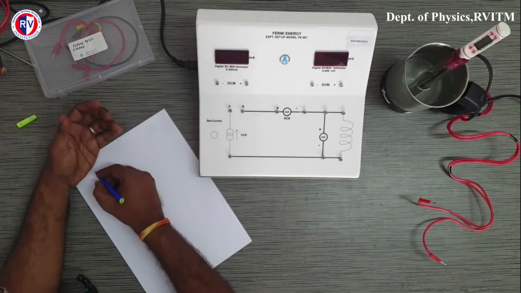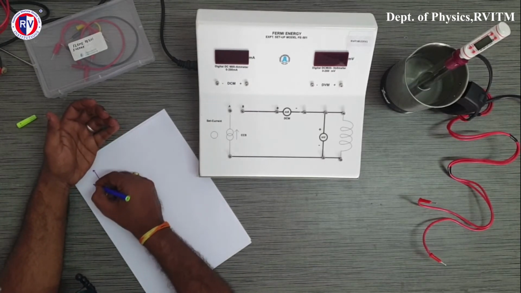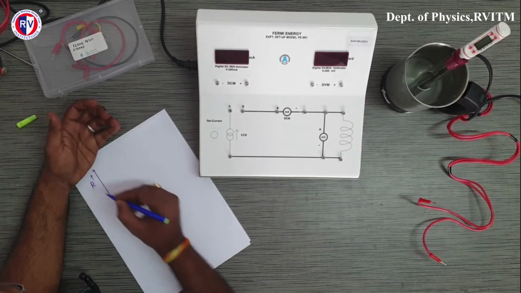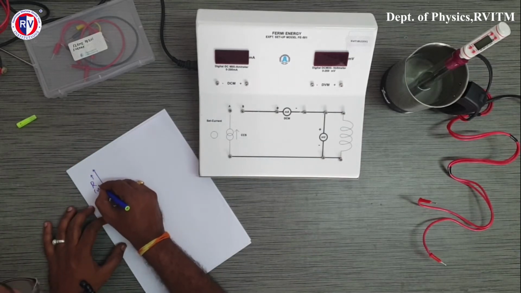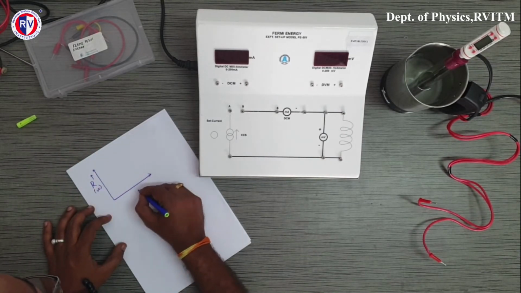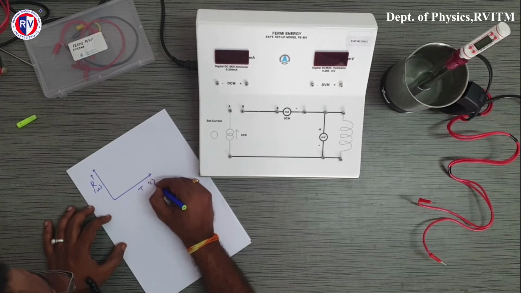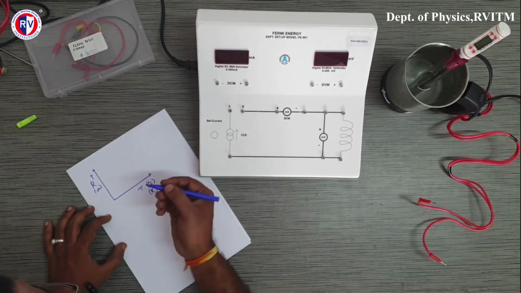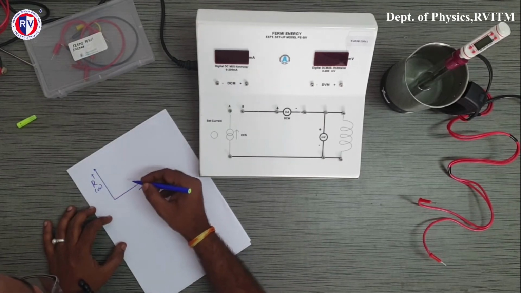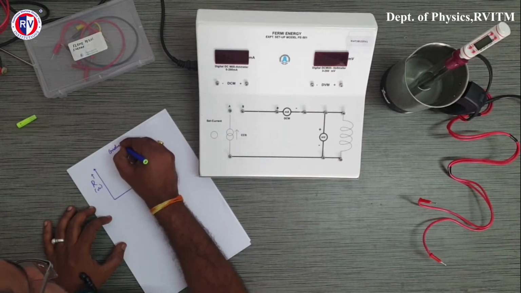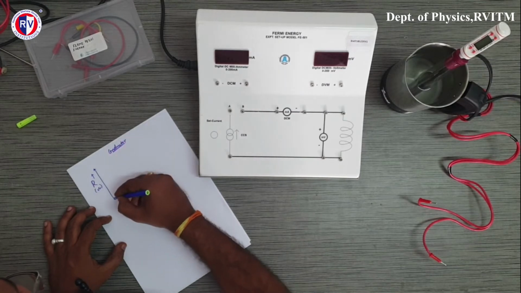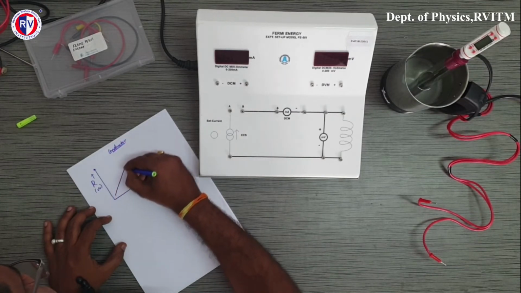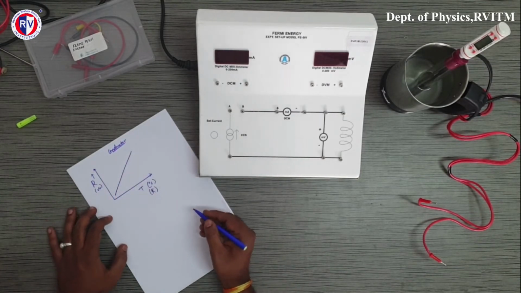Say, for example, resistance is plotted along the y-axis, and temperature is plotted along the x-axis, either in degrees Celsius or Kelvin, no issues. In a conductor or metal, resistance increases linearly with temperature.